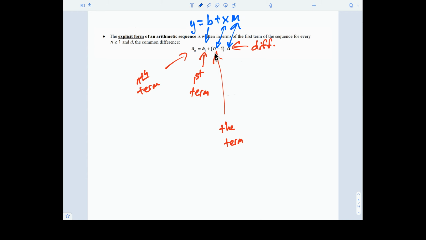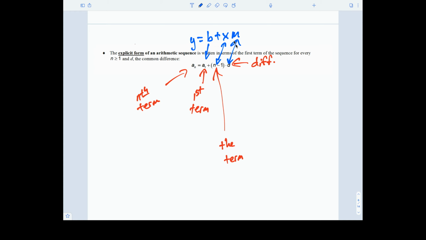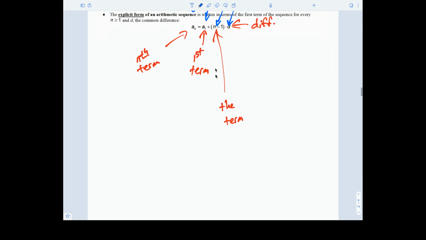Okay, so when we looked at this equation, I said it is really just y equals mx plus b, right? So this derivation comes from the fact that people who studied arithmetic sequences came to the realization that, hey, look, it's just a linear equation. So they just reformatted it, but they're using the idea of a linear equation behind this, okay?